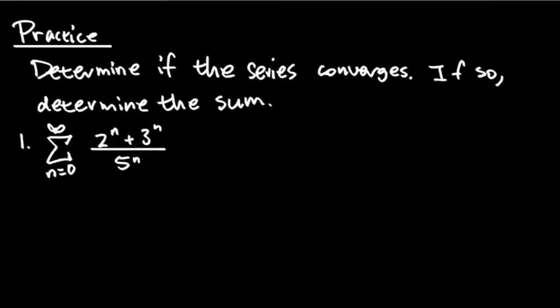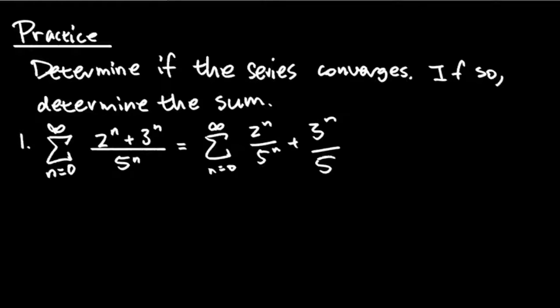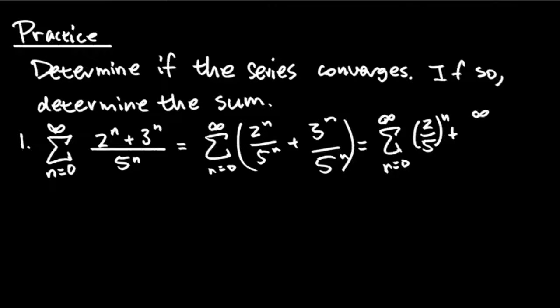Okay, so at first this might be a little bit hard to do, but with a bit of algebraic manipulation we can make everything a lot more manageable. You should be able to see that we can do this, and therefore break this into two different summations with powers like that.